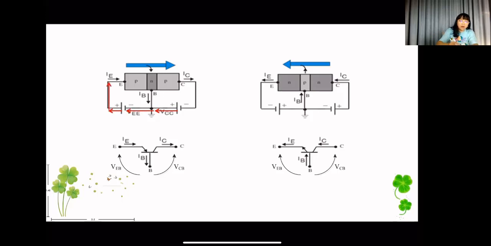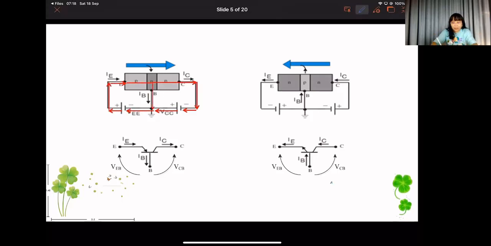This is a horizontal BJT, an NPN transistor, and we have three kinds of circuit configuration. Usually people like to use PNP and NPN, but I would like to show you NPN because the NPN transistor is more applied in circuits.